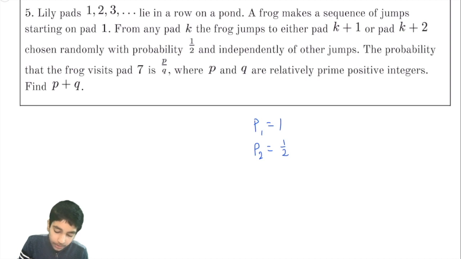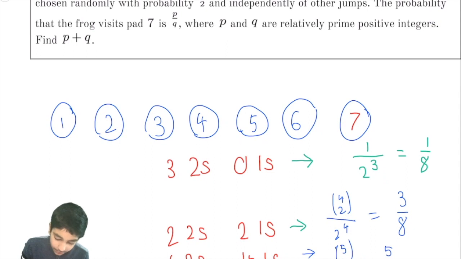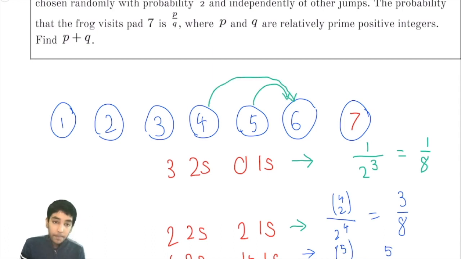And now we can recursively define a formula to get the probability of getting to a certain pad. Like I said in the diagram I wrote here, the probability of getting to a certain state, P6, is just going to be equal to 1/2 times P5 plus 1/2 times P4. Because if you reach pad 4, there's a 1/2 chance of jumping to pad 6, and if you reach pad 5, there's a 1/2 chance of jumping to pad 6 as well.